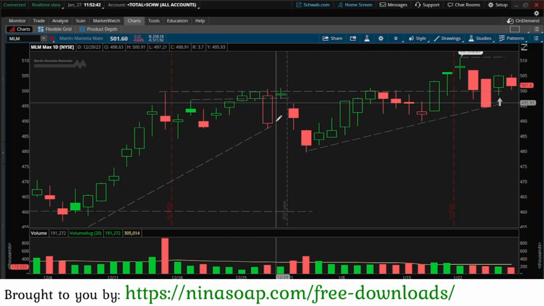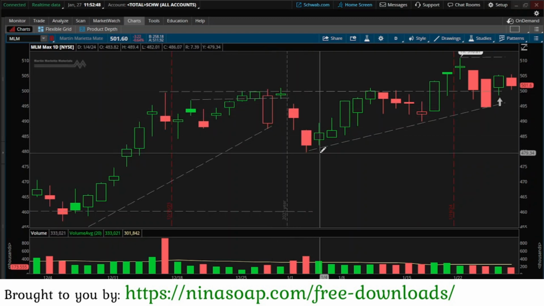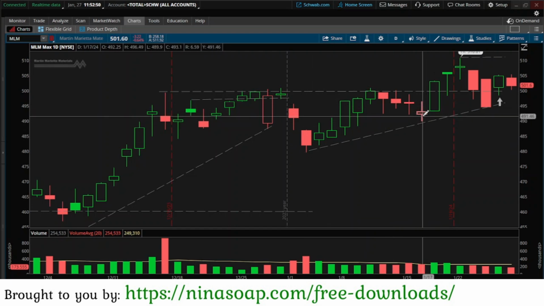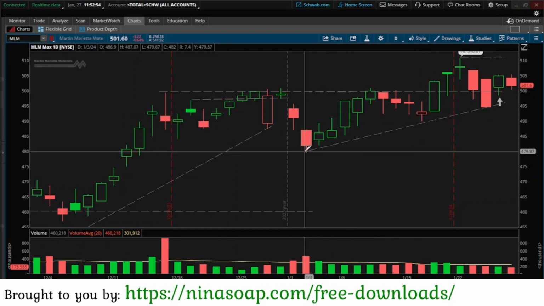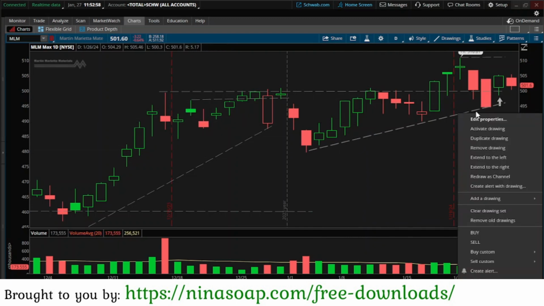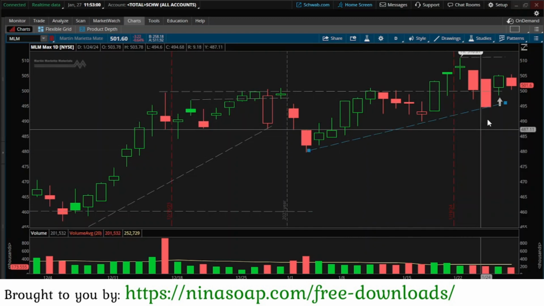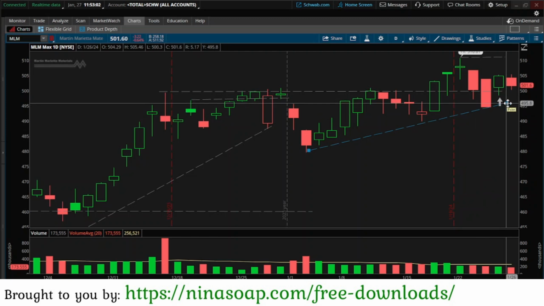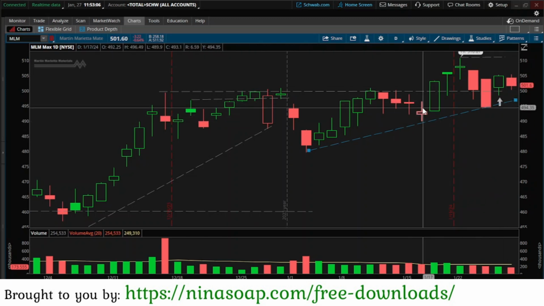Therefore the trend ended, and a new one started when I connected those two lows. This low is higher than this low, so a new trend started, and I was able to pick up the trend. And I think that's when I came across the stocks, and then I noticed it.